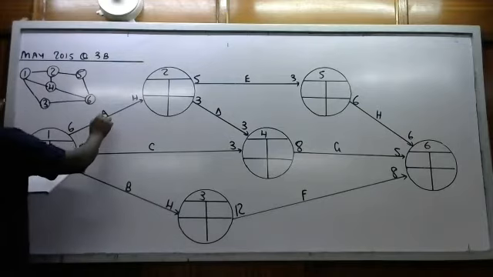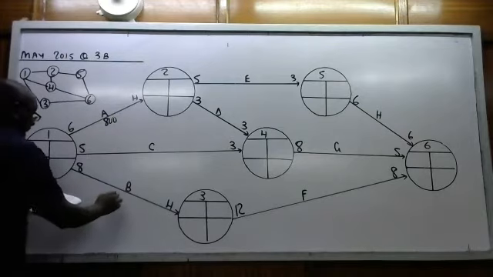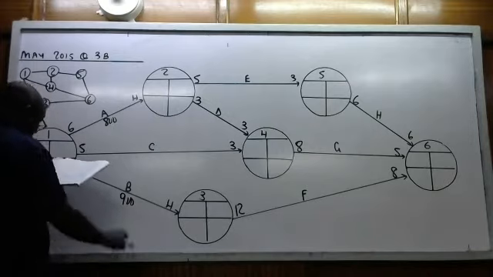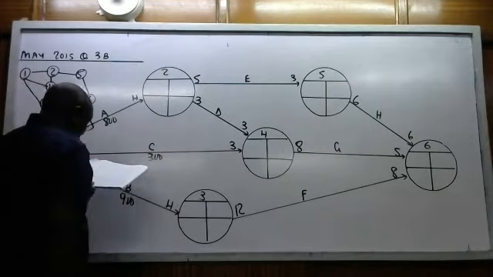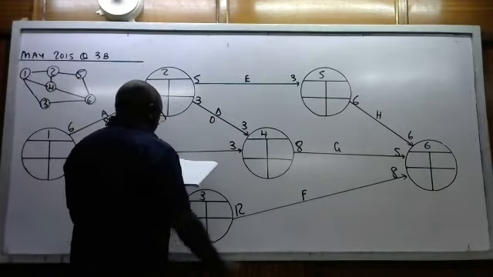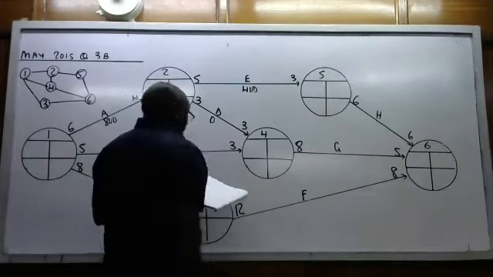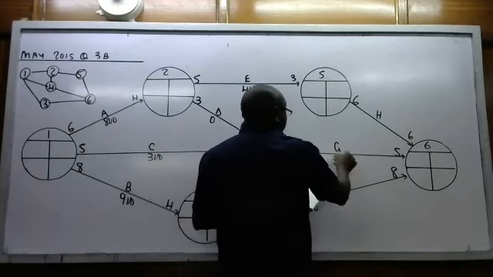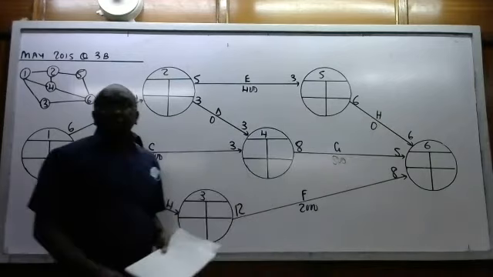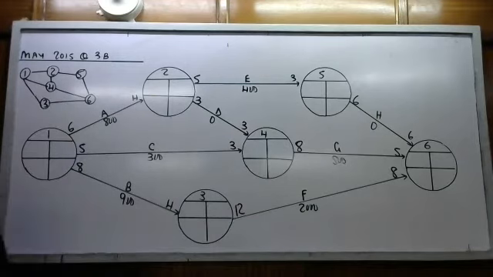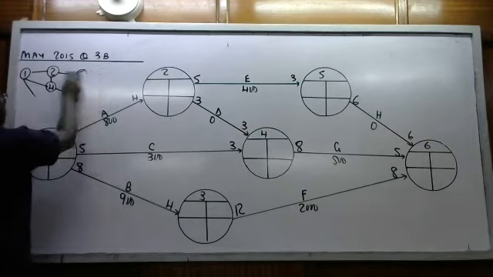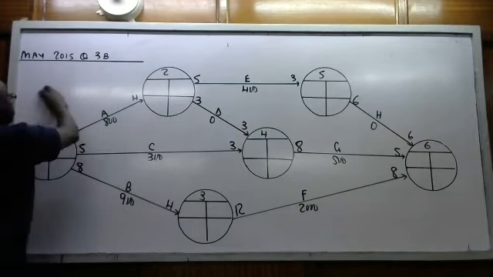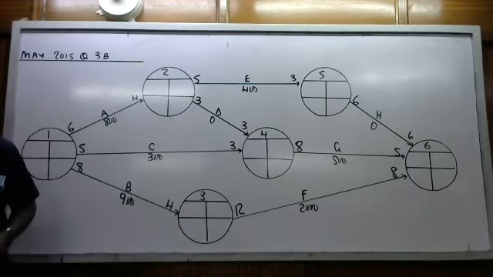A has 800, B has 900, C has 300, D has 0, E has 400, F has 2000, G has 500, and H has 0. Those are the slopes the examiner has already computed. Remember, there is the formula that we gave that you are supposed to use to compute the slopes.